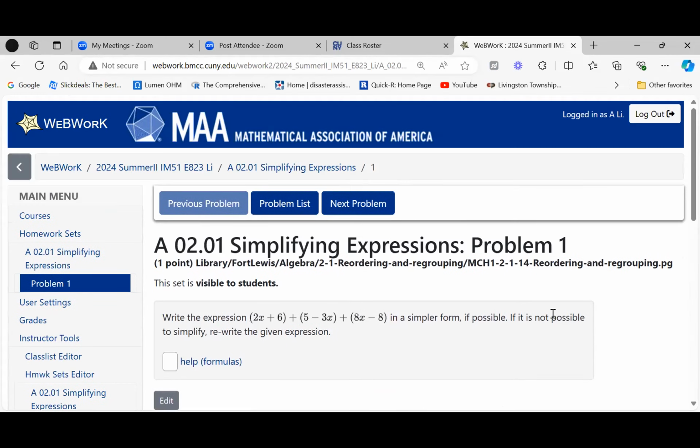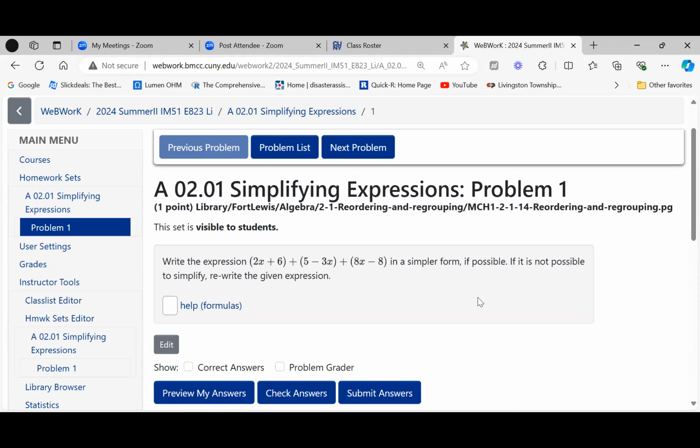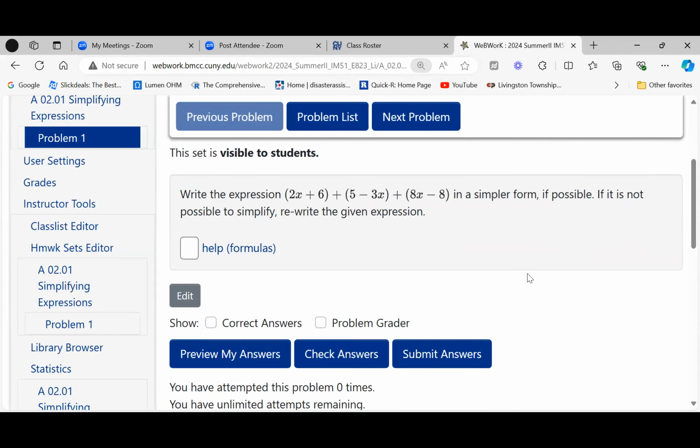Write this expression in a simpler form, if possible. Put all the variable terms together, put the numbers together in two different groups, and then simplify each group.